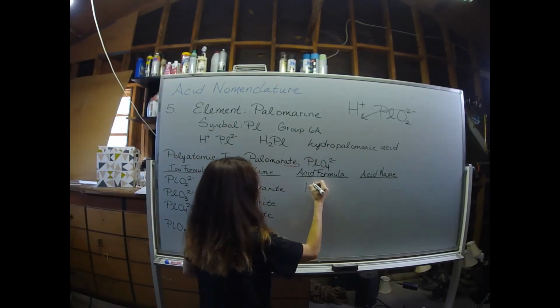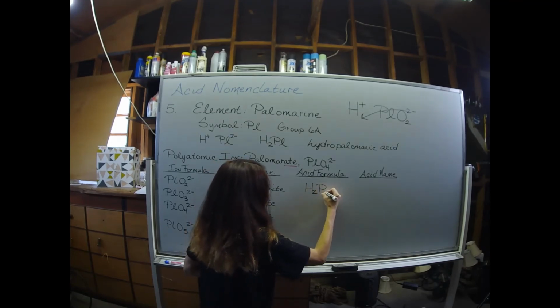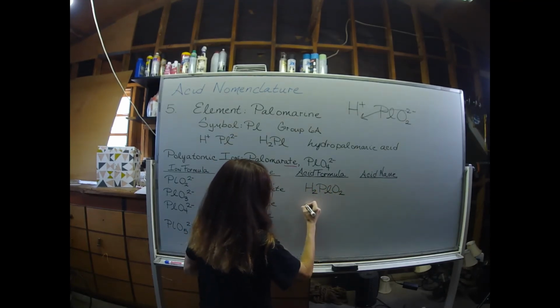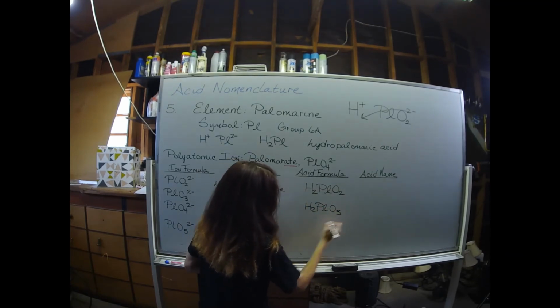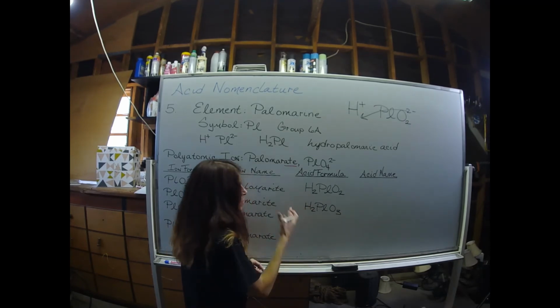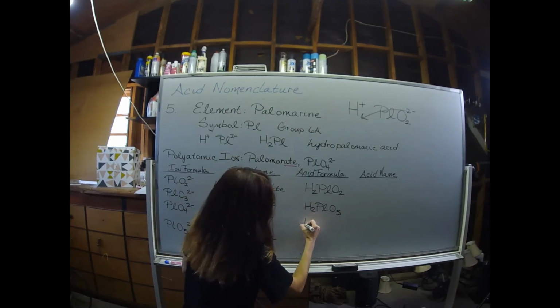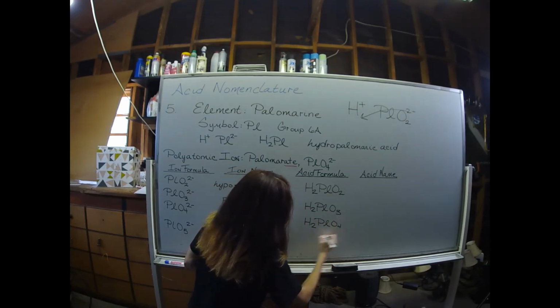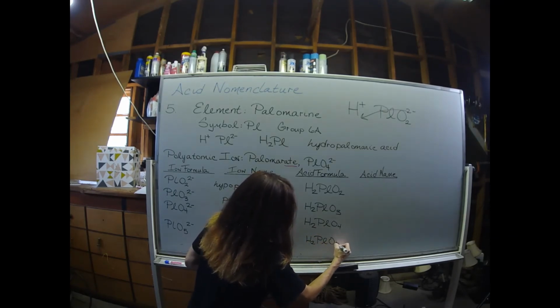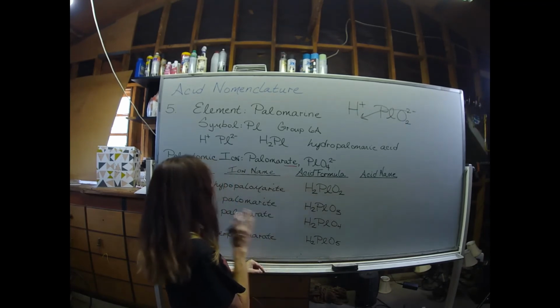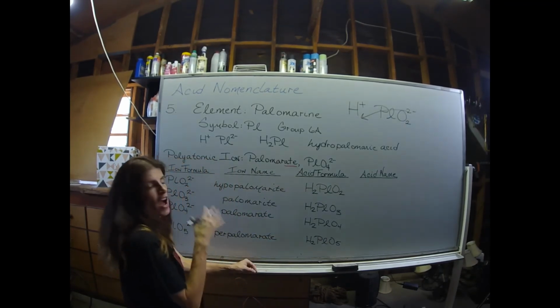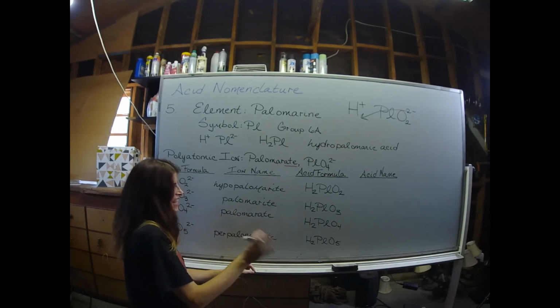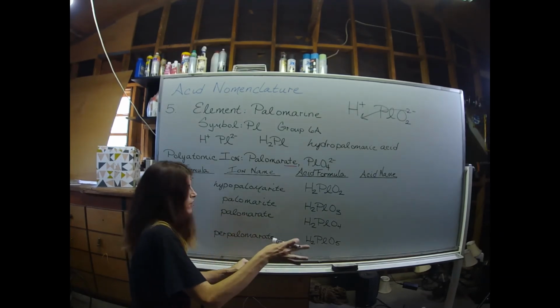So here we're looking at H2PlO2. The next one would be H2PlO3. Always diatomic because all of the polyatomic ions had a -2 charge. H2PlO4 and H2PlO5.